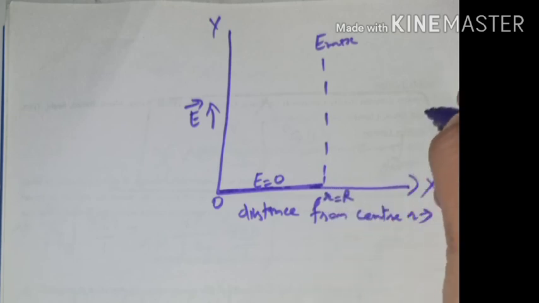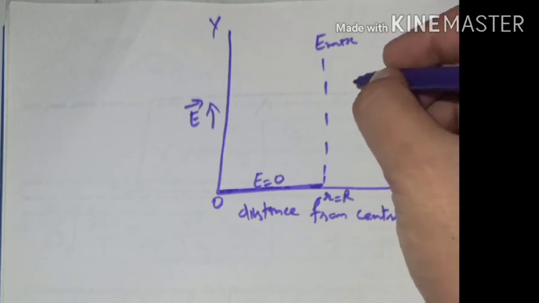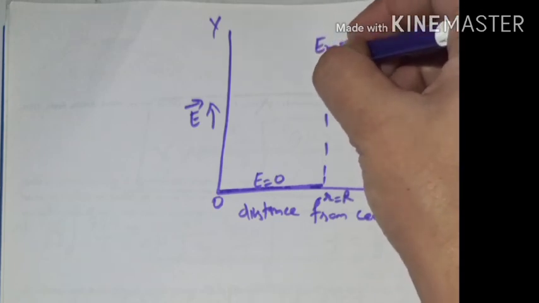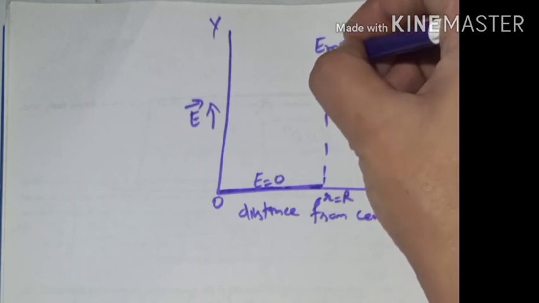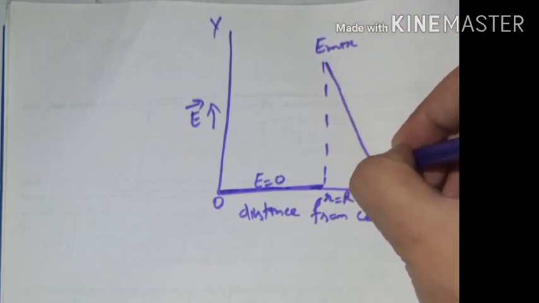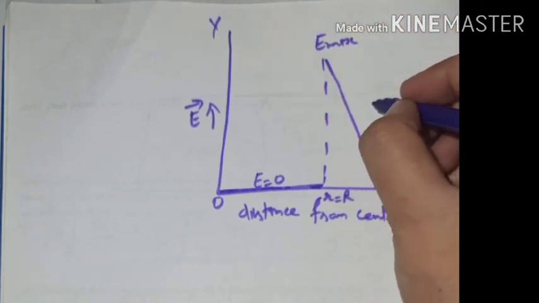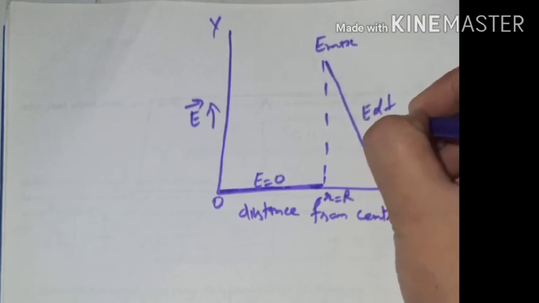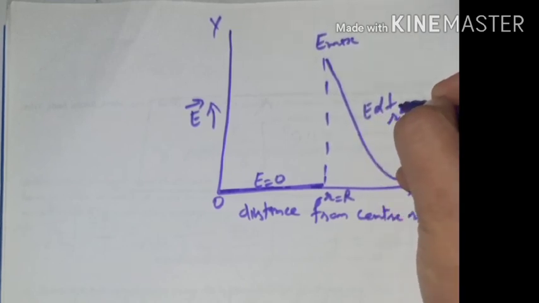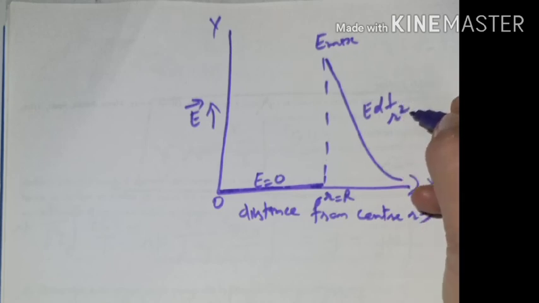But if the point lies outside the spherical shell, in this case electric field intensity varies as this. E is inversely proportional to 1 by r square at a point outside the shell.